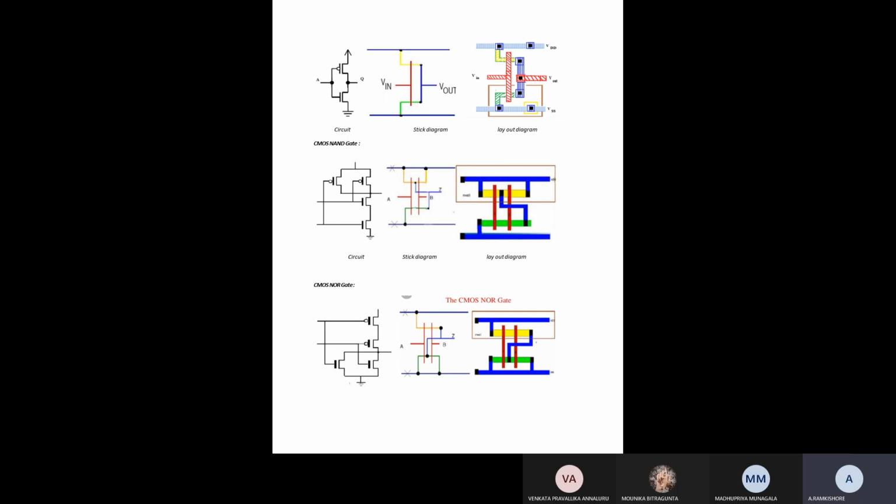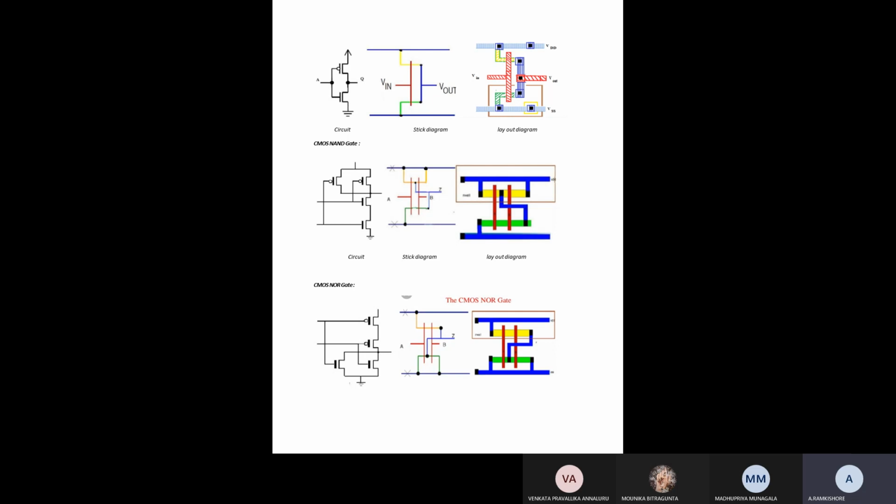To reduce that area, as much as possible, we have to reduce the extra connections or extra terminals involved in the design. For that same design, we have to draw a layout diagram.